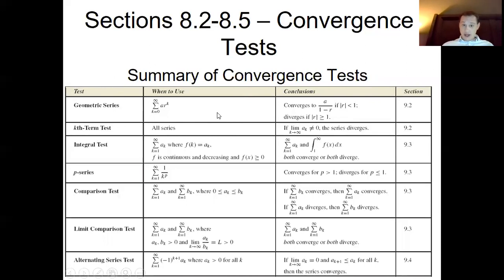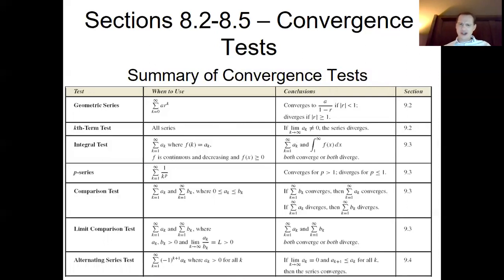The second test right here is just testing to see if something diverges or not. It doesn't necessarily tell you it converges, but it tells you if something diverges. It's called the kth term test. You can use it at any time whatsoever. Essentially what this is saying is, if the limit of the terms themselves, as you go really far out there, is not 0, then it diverges.